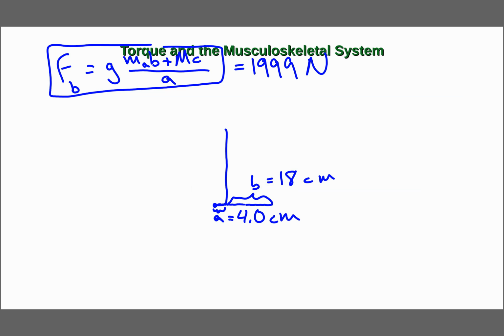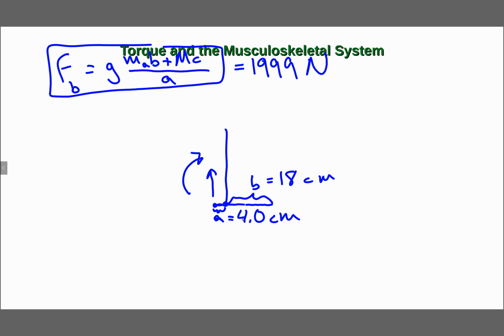Just like with the bicep. So let's say that your calf is going to pull up on your heel bone, right? And that's going to make the foot pivot around this axis right here, in this direction, right? We're going to pull up on it right here.